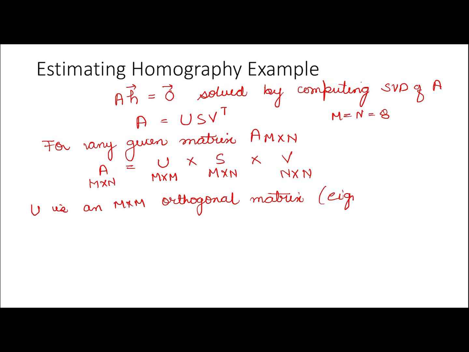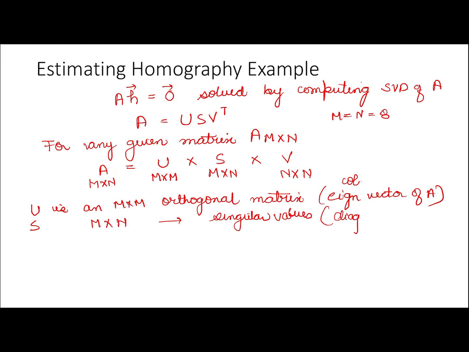Its columns are the eigenvectors of A. S is an M cross N matrix with non-negative entries termed singular values.